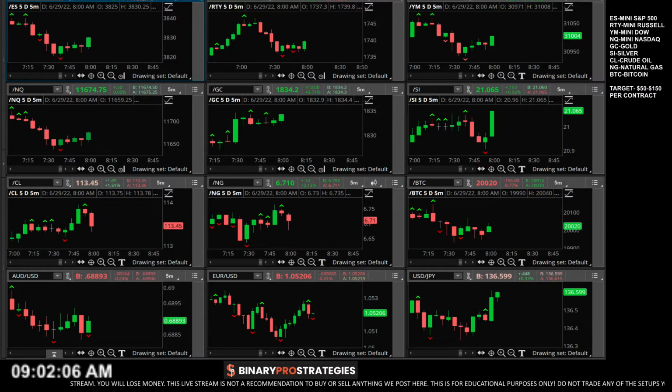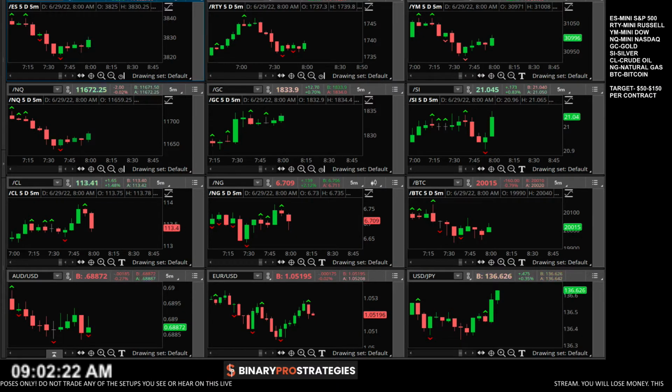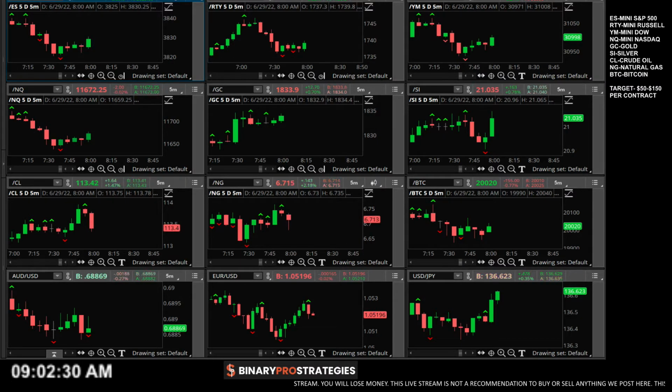And then on the currency pairs, we're going to be using one of the 5 different behavioral patterns that we teach in our core package. We're watching the Aussie US, the Euro US, and the US Yen for that. On these symbols, ES is the E-mini S&P 500.